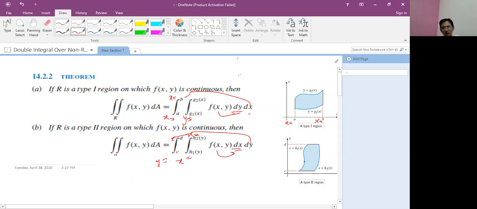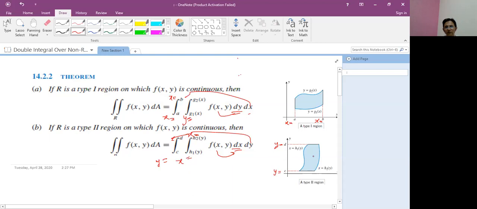So now if we consider type 2 region, how can we consider it with the help of a diagram? A plane region R is said to be type 2 region when it is bounded below and above by horizontal lines. It means the limit of y is from c to d.